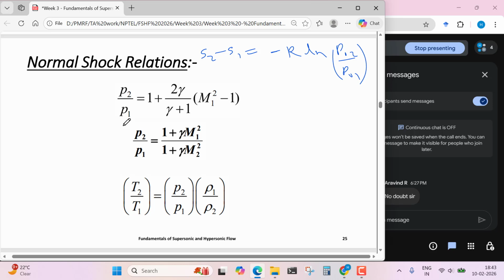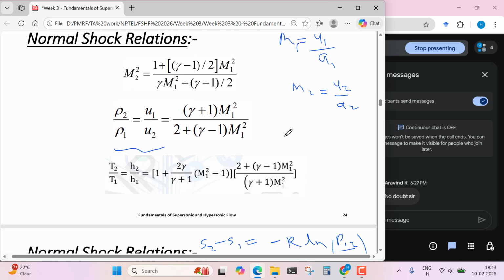Pressure ratio we can find by P2 upon P1 equal to 1 plus 2 gamma upon gamma plus 1 (M1 squared minus 1), and P2 upon P1 equal to (1 plus gamma M1 squared) upon (1 plus gamma M2 squared), and T2 upon T1 we can find from the equation of state also. There is also one more relation for the entropy, which is S2 minus S1 equal to minus R log P02 upon P01.